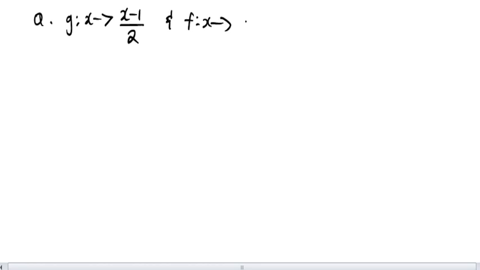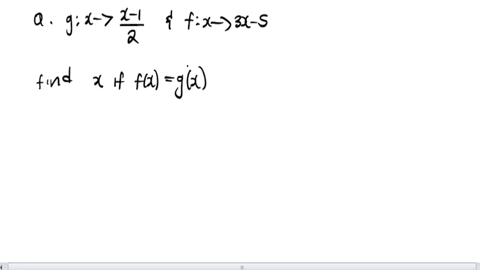You've been asked now to find the x such that the function f of x is equal to the function g of x. So we've been given that condition and we've been asked to find the value of x based on that condition.